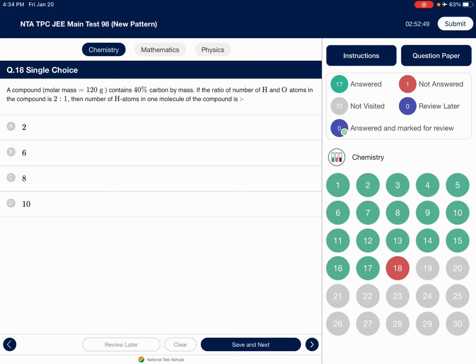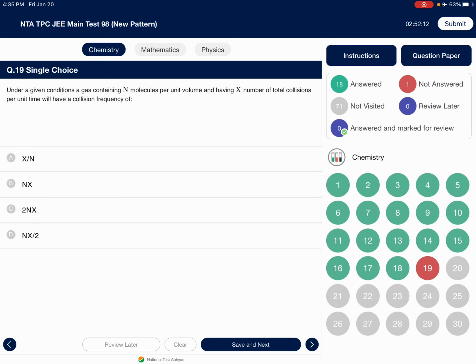The remaining is 120 minus 48, which is 72. In 72, the ratio of hydrogen and oxygen is 2:1, so each H2O is 18. 18 into 5 is 90, 18 into 4 is 72. So there are 8 hydrogens and 4 oxygens.